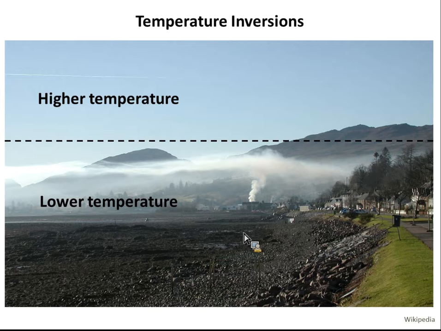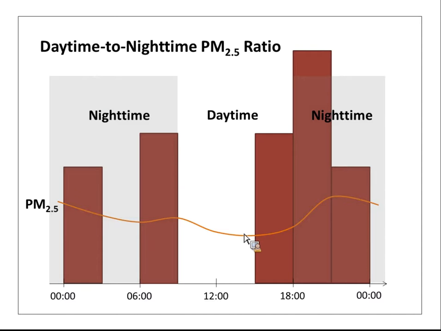So generally air is warm and it rises until it can't rise anymore, but if you have this layer of higher temperatures over this layer of lower temperatures, that can't happen and you don't get good mixing. So we are going to look at the daytime to nighttime PM2.5 ratio to try to evaluate on days where that ratio is 1.0, you know, that might not be as smoky a day as when those ratios are lower.